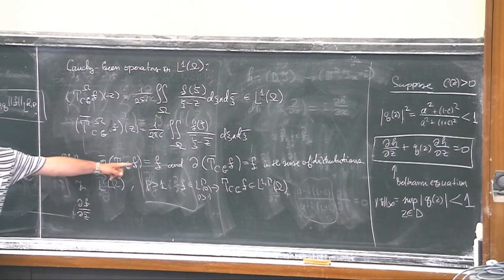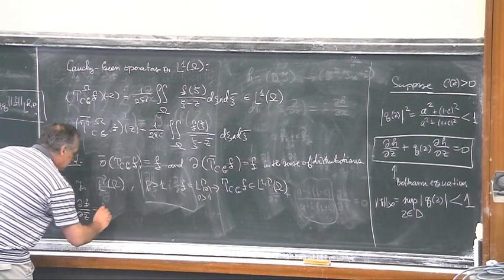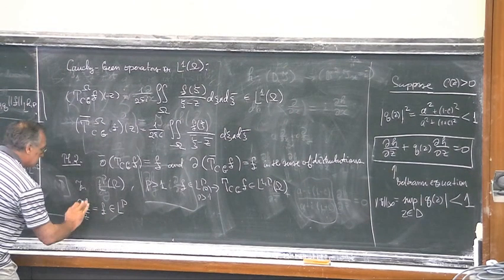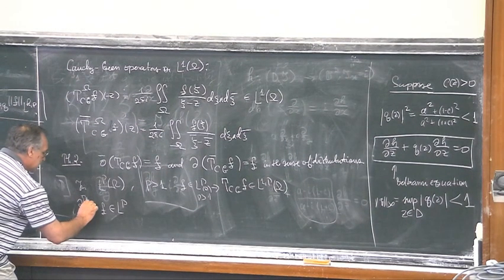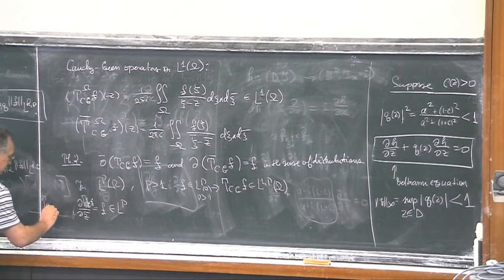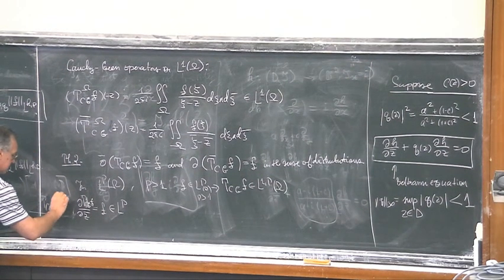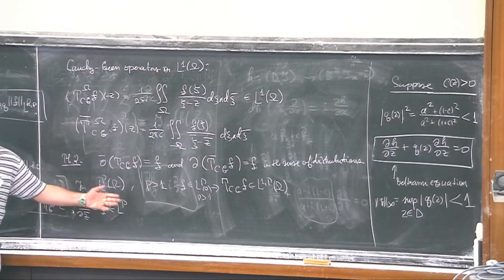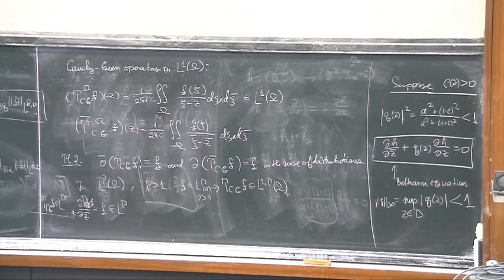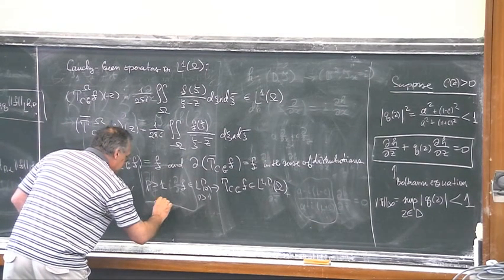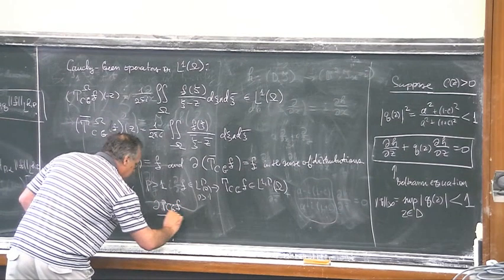Due to this relation, this is f, so it is in LP again. And now the question is, what is the derivative of the Cauchy-Green of f over dz?